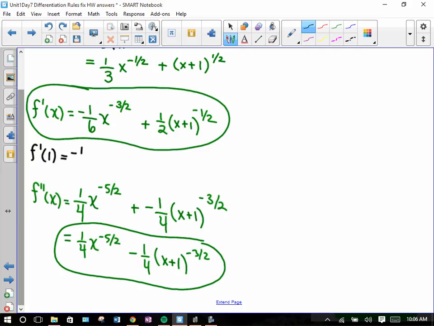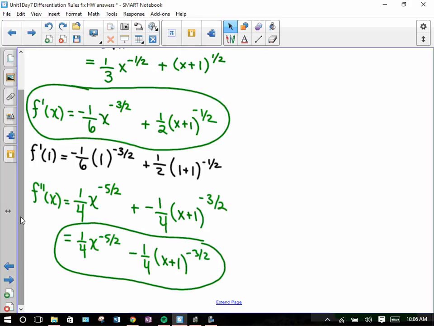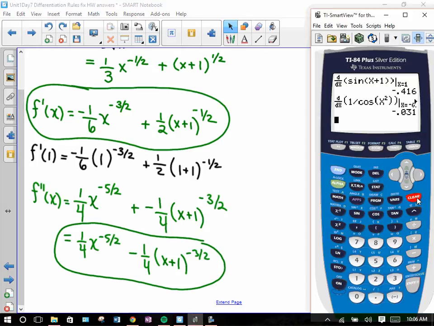So it's going to be negative 1/6 times 1 to the negative 3/2 power, plus 1/2 times 1 plus 1, which is 2, raised to the negative 1/2 power. In this case, I'm going to take my calculator out.